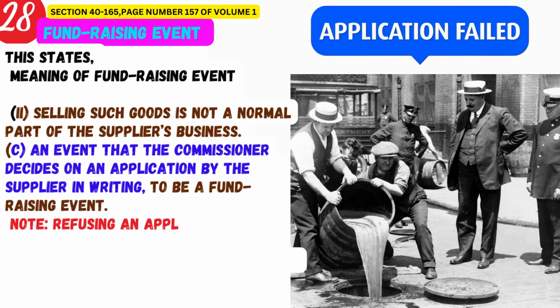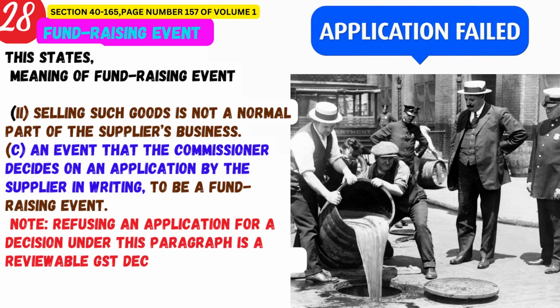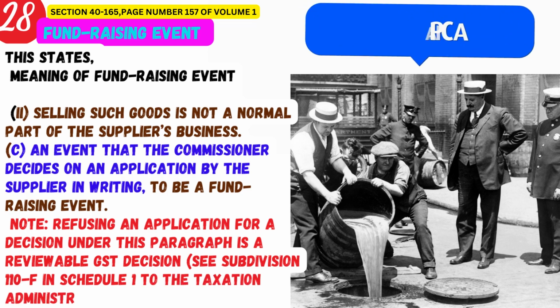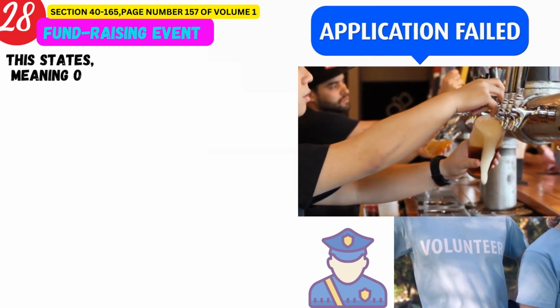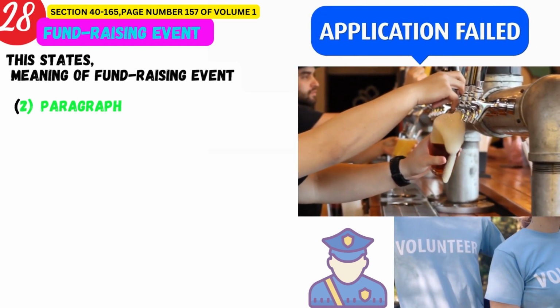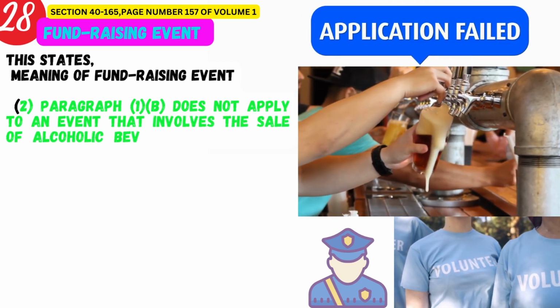Note: refusing an application for a decision under this paragraph is a reviewable GST decision. See Subdivision 110F in Schedule 1 to the Taxation Administration Act 1953. 2. Paragraph 1(b) does not apply to an event that involves the sale of alcoholic beverages or tobacco products. 3.